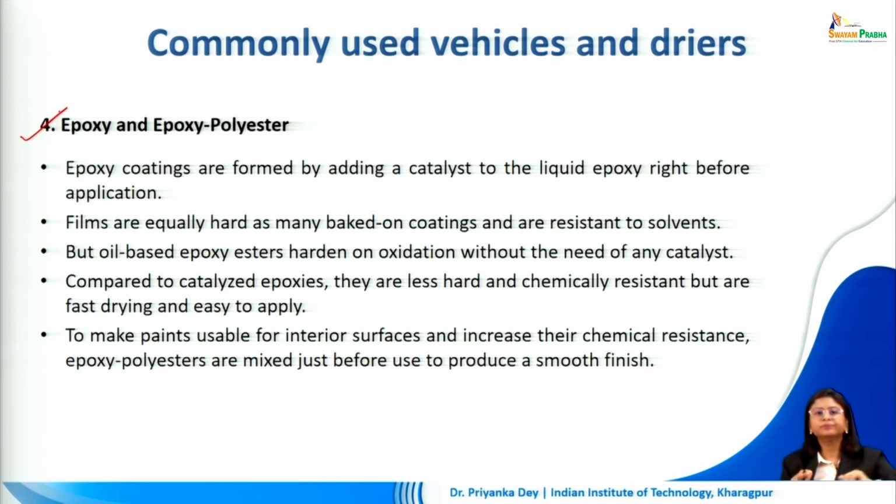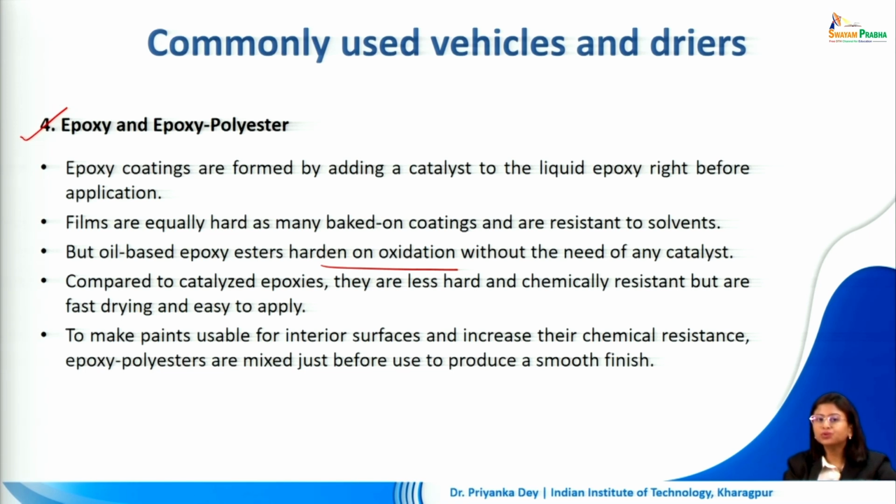The fourth type is epoxy and epoxy polyester. Now, epoxy coatings are formed by adding a catalyst to the liquid epoxy right before application. Films are equally hard as many baked on coatings and are resistant to solvents. But oil-based epoxy esters harden on oxidation without the need of any catalyst.